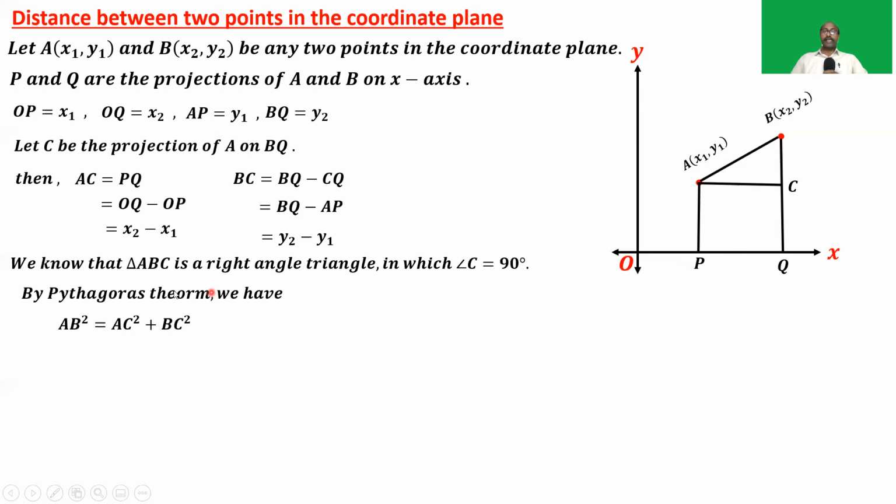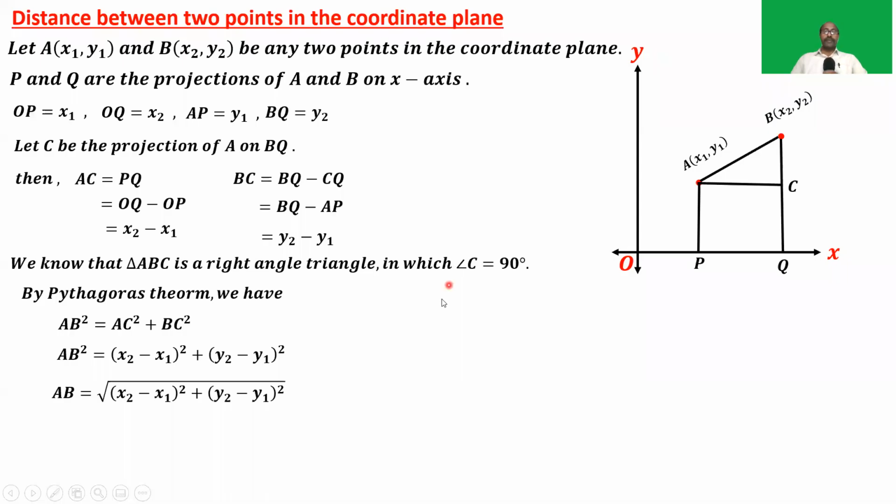And we have AC is equal to x2 minus x1 and BC is equal to y2 minus y1. So we can write AB square is equal to x2 minus x1 whole square plus y2 minus y1 whole square. From this we can write AB is equal to under root x2 minus x1 whole square plus y2 minus y1 whole square.